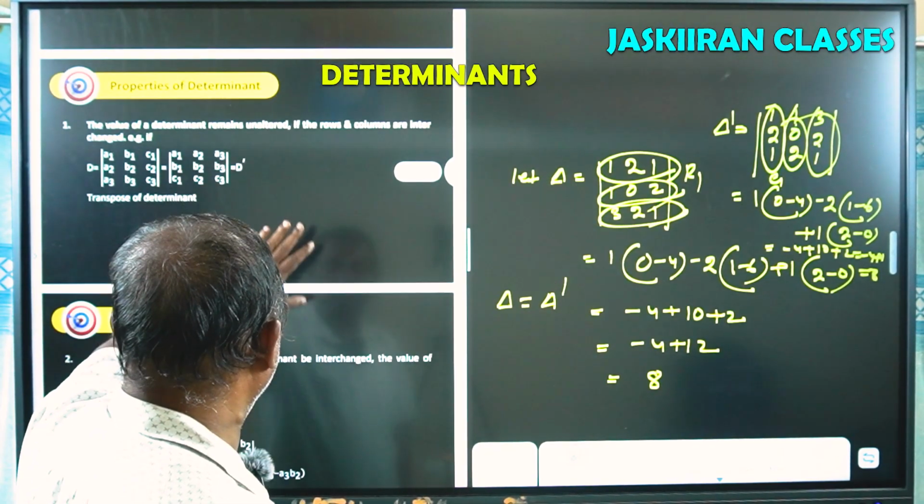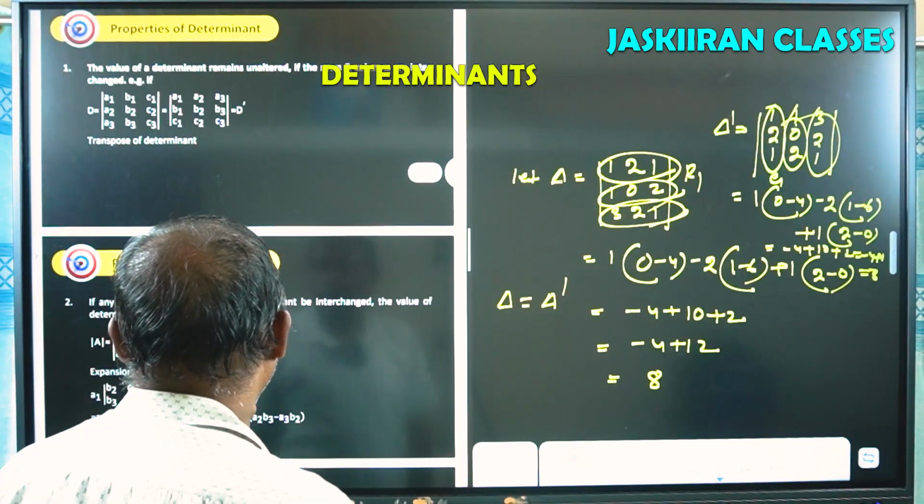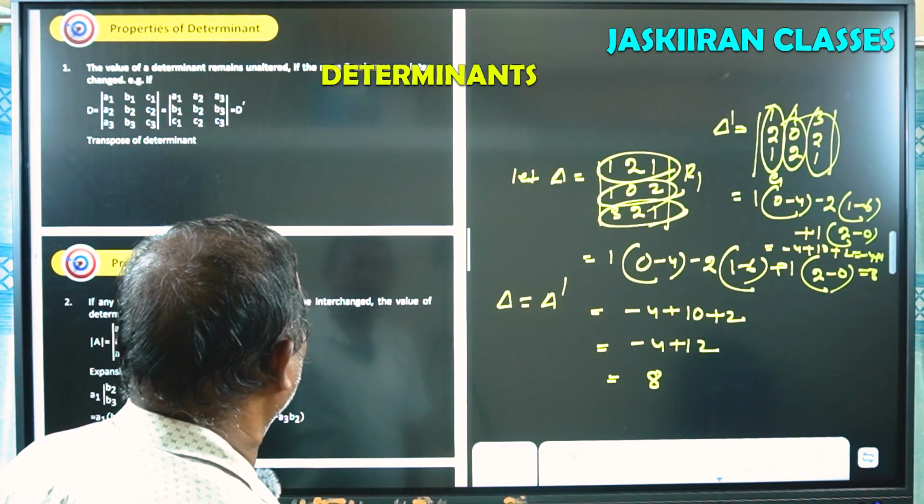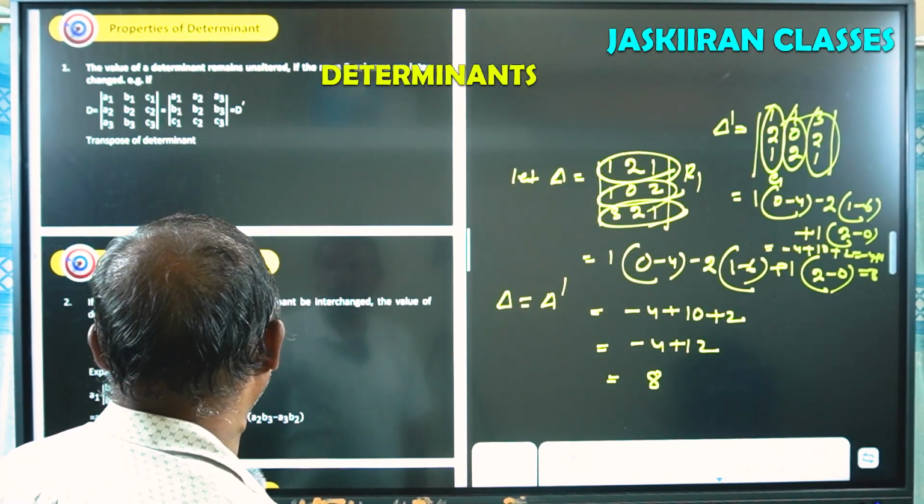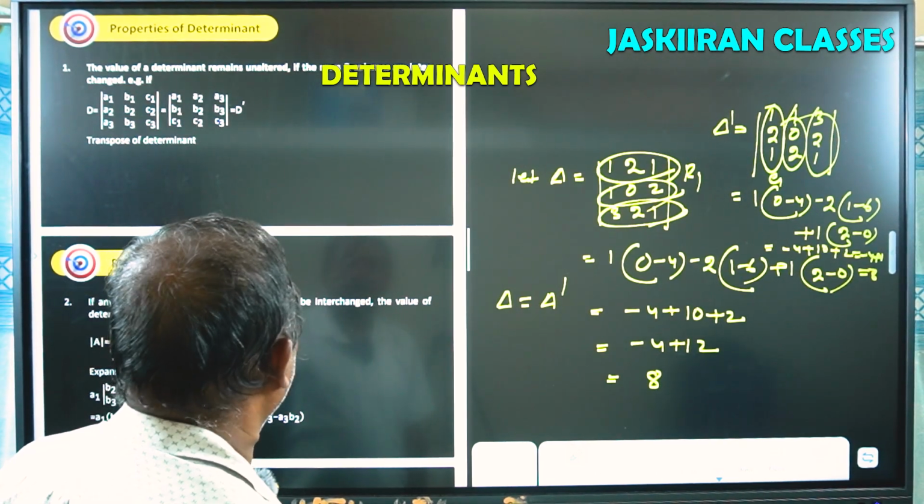Then the next property says that if any two rows of a determinant are interchanged, then the value of the determinant changes in sign.